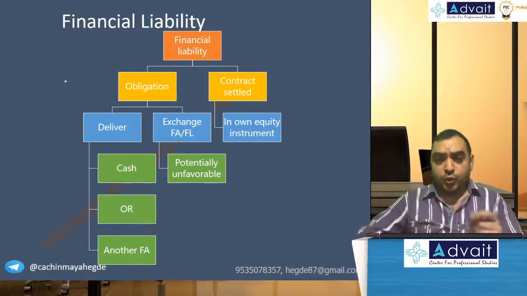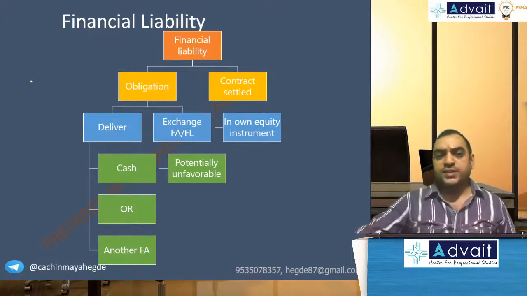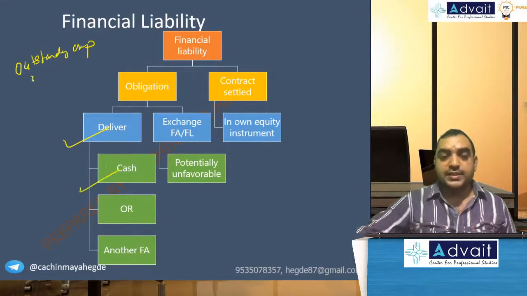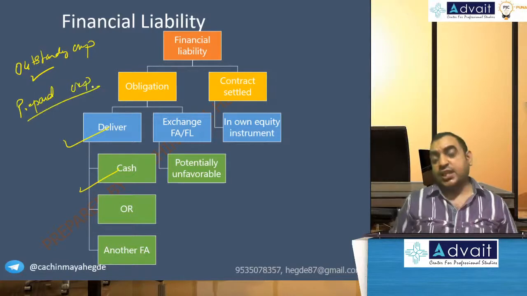Now, one of the questions I have seen in my Telegram channel also, that's a good one, I would like to discuss it here. Outstanding expense, is it a liability? Obligation to deliver cash? Yes, it is a liability. Prepaid expense, is it a financial asset?